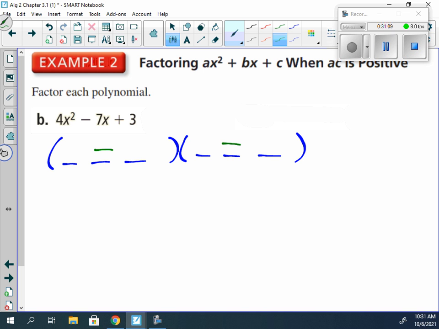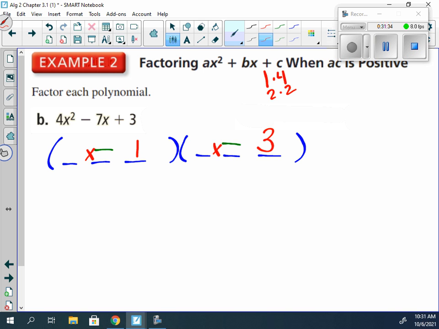So they're both negative. So we can say for certain that we'll have x and x, because that's the only factors of x squared. Factors of 3 are 1 and 3. Factors of 4 are 1 and 4 or 2 and 2.